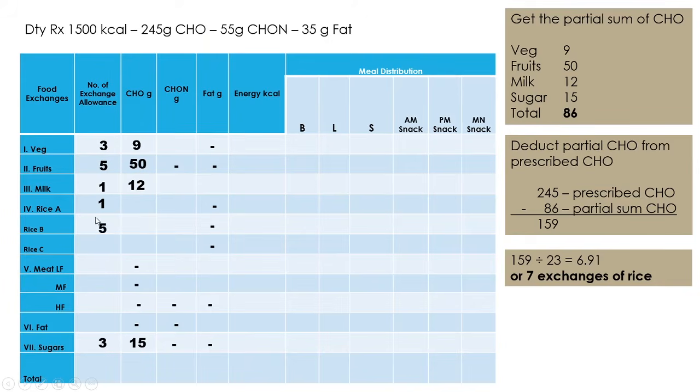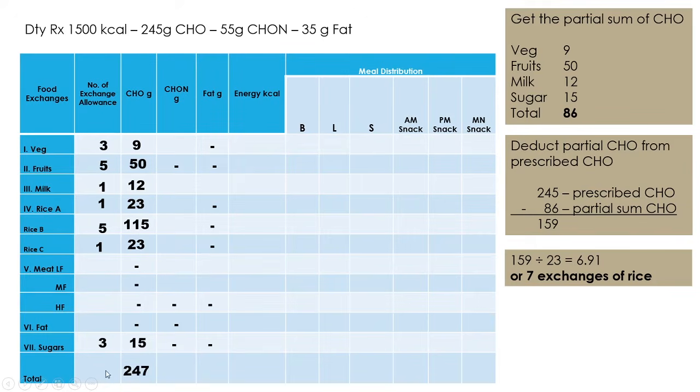Mostly rice B is where our plain white rice belongs. And then we have rice C 1, and then we will put values. So 1 times 23 equals 23, 5 times 23 equals 115, and then 1 times 23, 23 also. The next thing we will do is get the total.